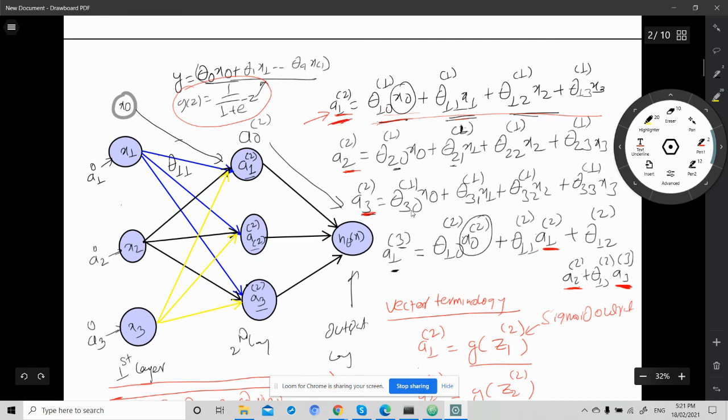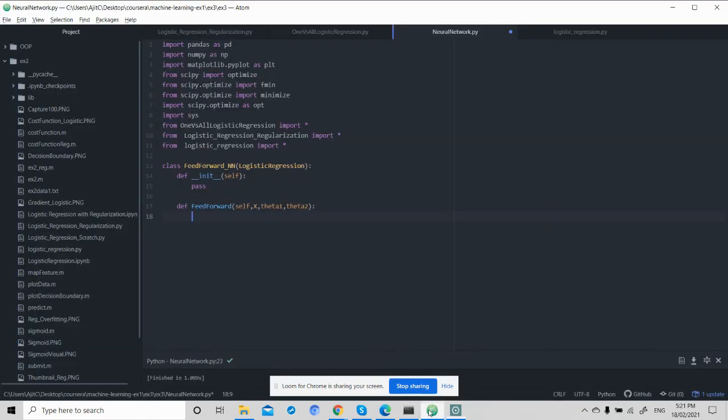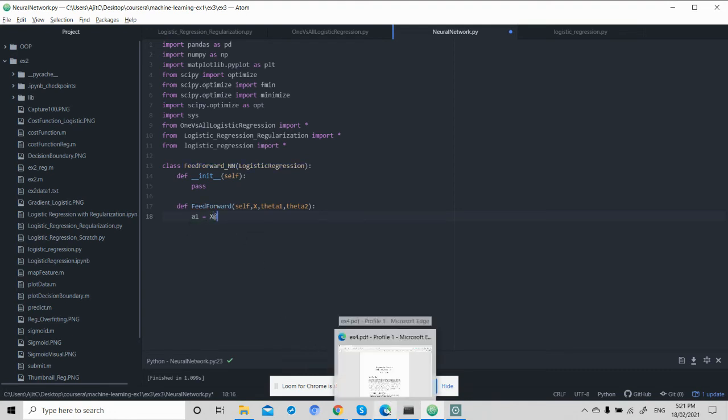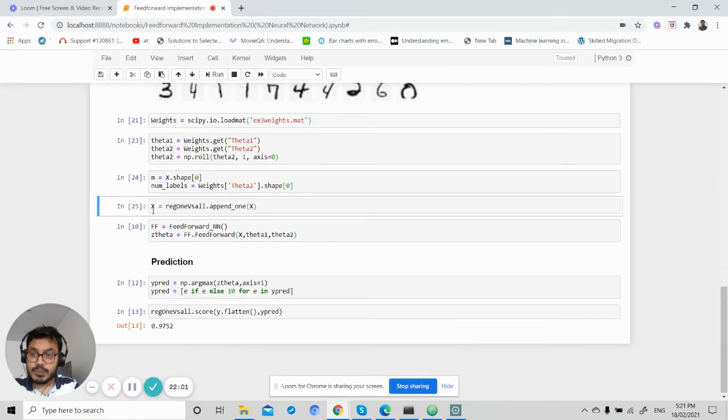We will compute a1 first, and then we will apply g, this sigmoid function, and then we will get the output for a1. So let's write that. My a1 will be my x. I have already included a bias term there by including x naught. I have already written a function that appends 1, so the bias term has already been added.